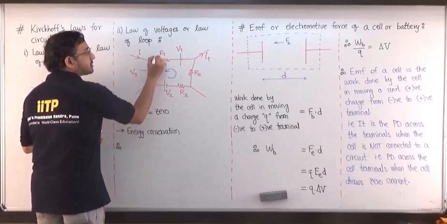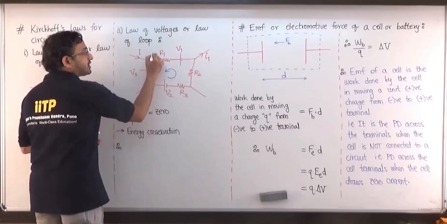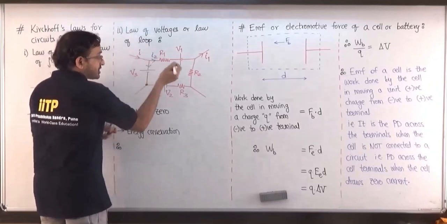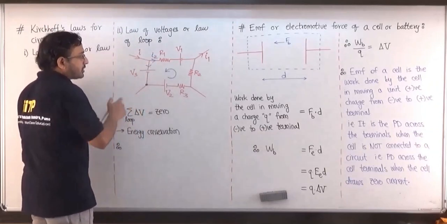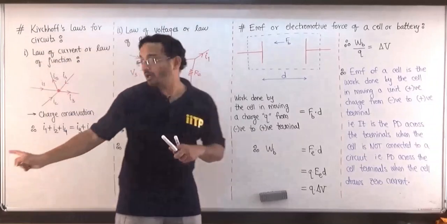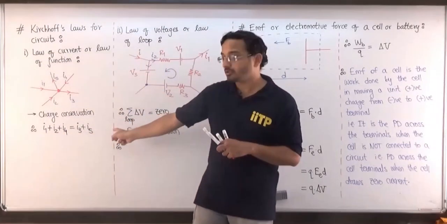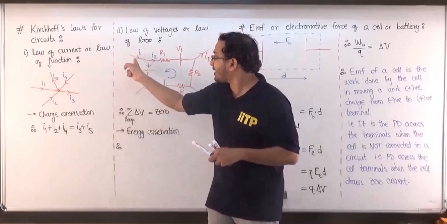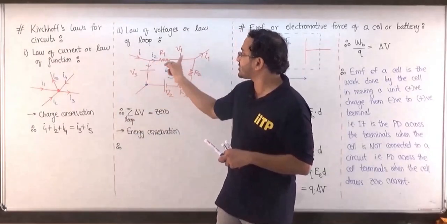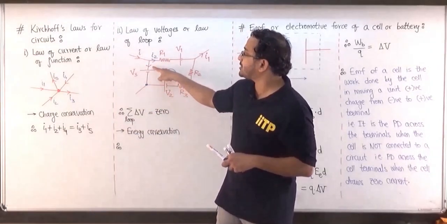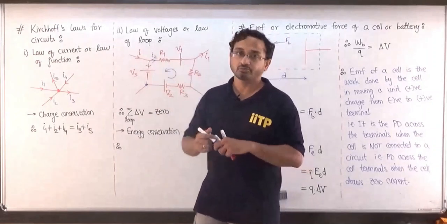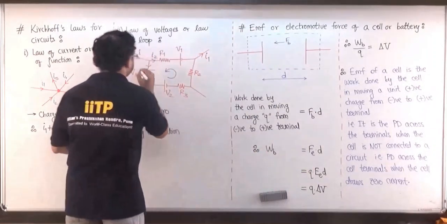Here's a current I2, which is again my assumption. Then by Kirchhoff's current law, the junction law, if current I is coming here and I2 goes like that, the remaining current must be I minus I2. So I will write it here.